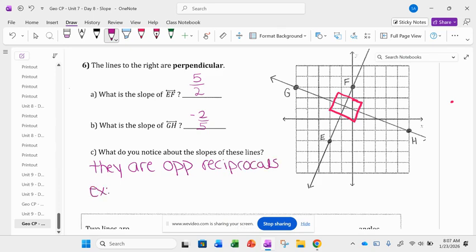Let's give some examples of opposite reciprocals. What would be the opposite reciprocal of 3/7? Can somebody tell me the opposite reciprocal of 3/7? You got it, -7 over 3.